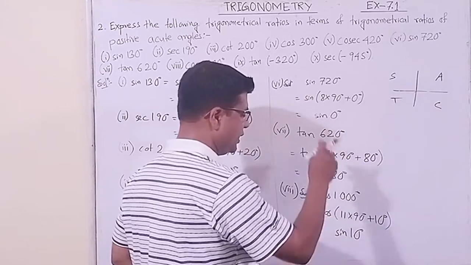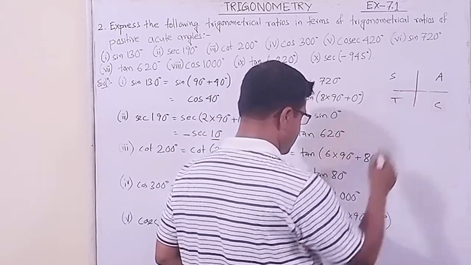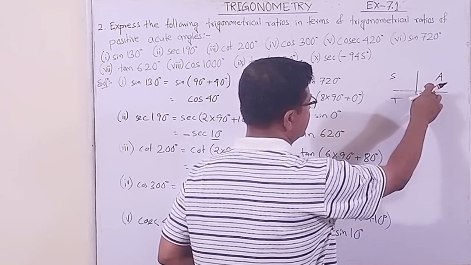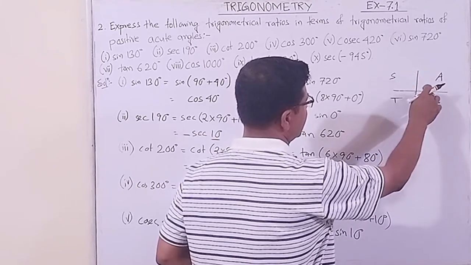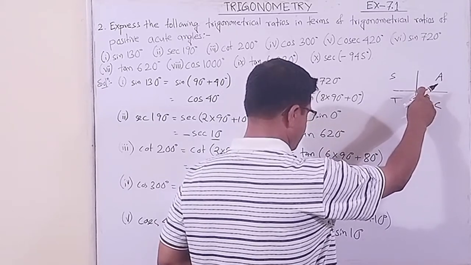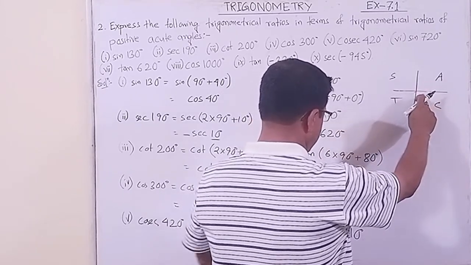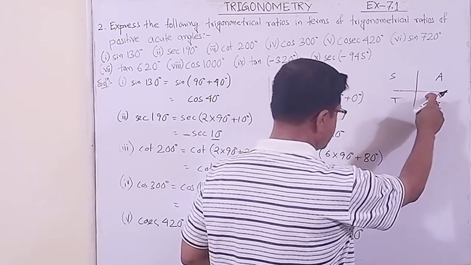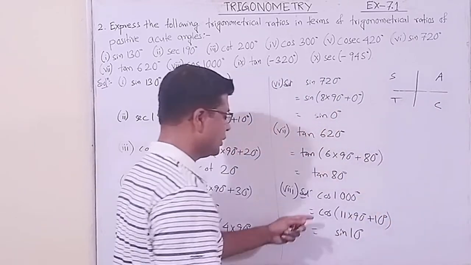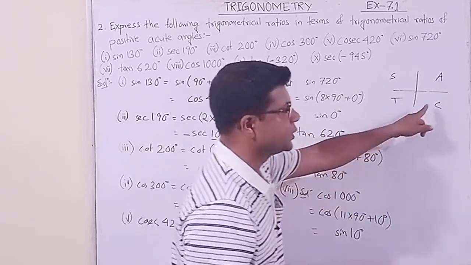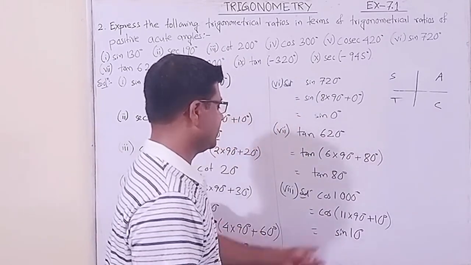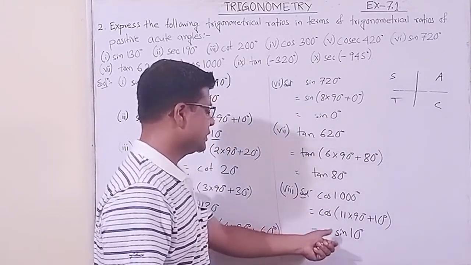Okay, if you don't understand, again I am repeating. 11 plus 1, 12. 1 2 3 4 5 6 7 8 9 10 11 12. Up to this much, means here 11 we have crossed, 11 plus 1, 12 here. This is in the 4th quadrant. In the 4th quadrant, cos is positive, you can check. This is positive, this is not negative. Okay, so its answer is sine of 10 degree.